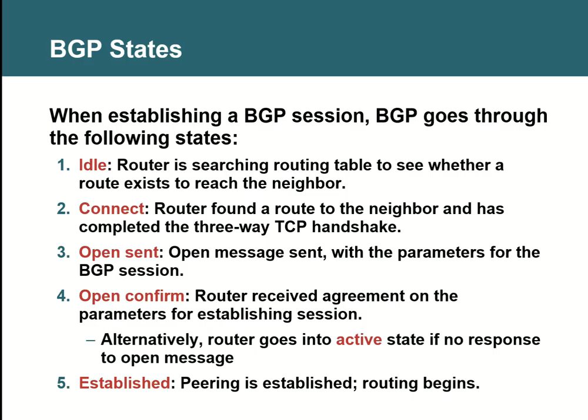Open send is the first BGP message, with the router ID and autonomous system number, sent as a message to the neighbor. The neighbor, after checking the open message, when a match is found with the neighbor statement, confirms by sending an open confirm message.